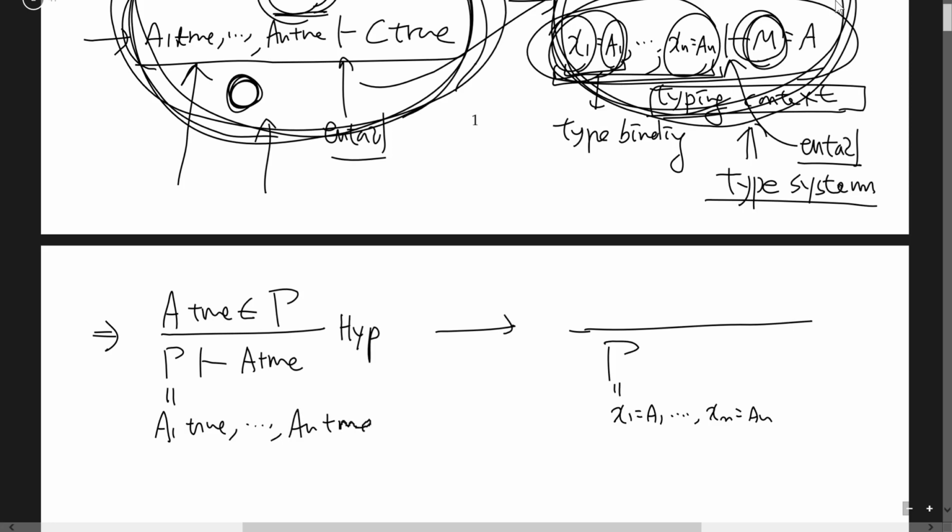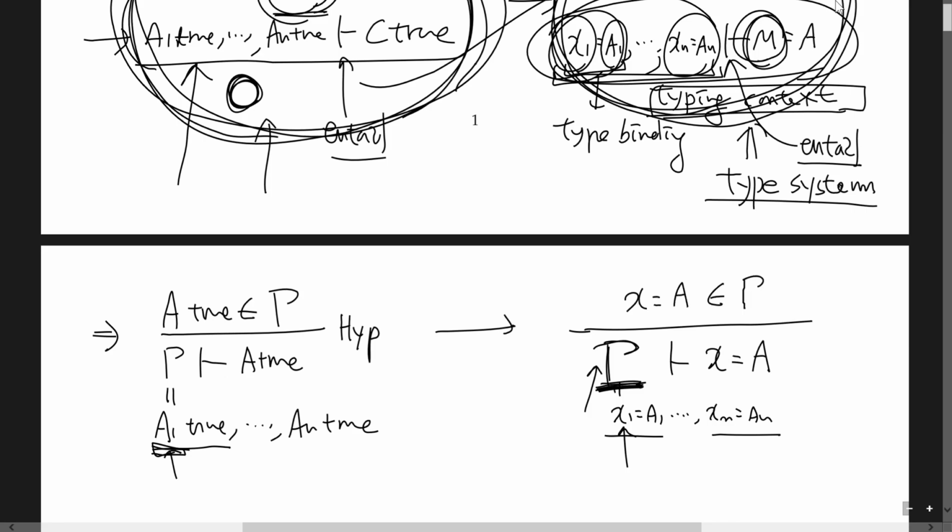AN true. But here, gamma is collection of type bindings. You have to assign a proof term for this proposition A1, but it's a hypothesis, so its proof term is actually unknown. So you introduce a variable. So we reuse the typing context, the gamma, the meta variable here, but it's interpreted differently. So under this typing context the gamma, we can deduce X has a type A if X colon A, this type binding, is actual member of this typing context.